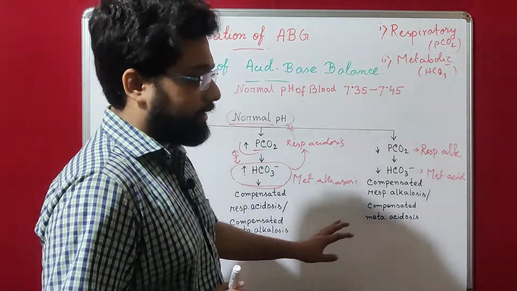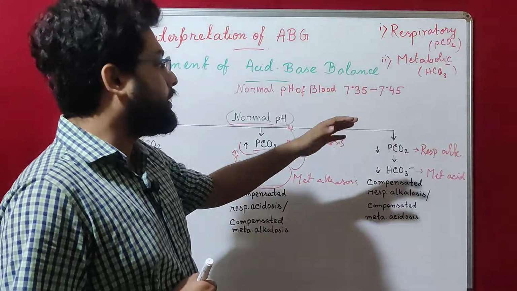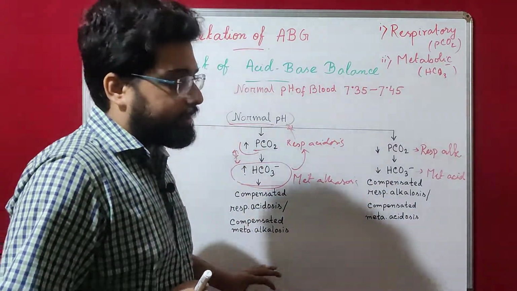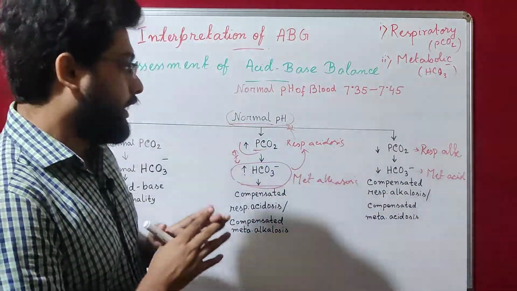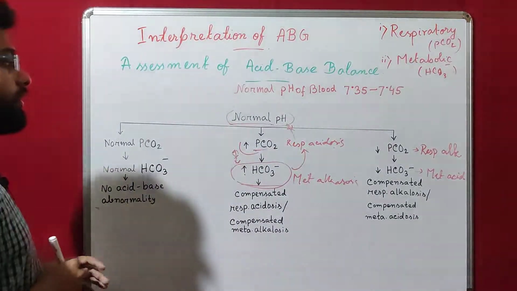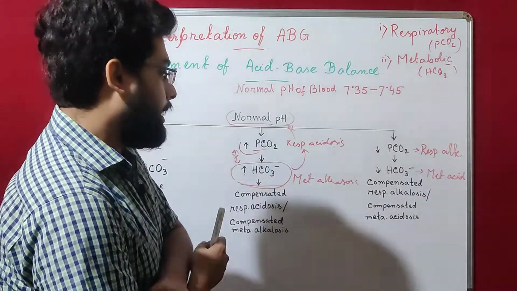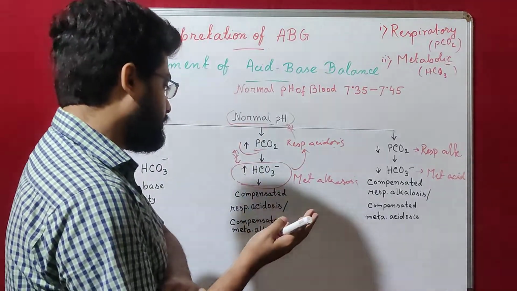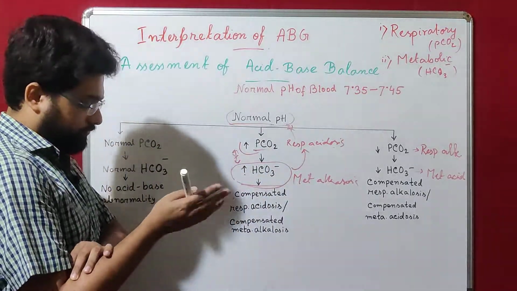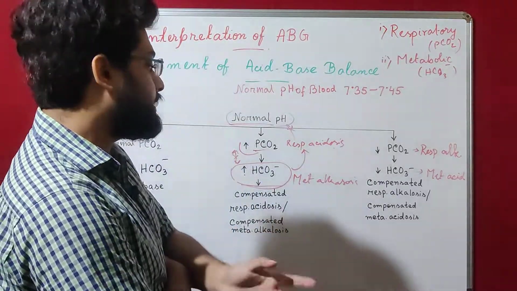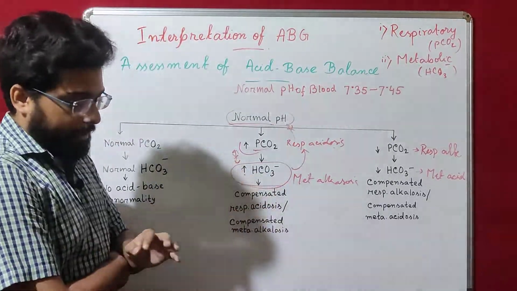Again, this compensatory mechanism to fully compensate the insult obviously takes time. It is not an acute procedure. It is not that the insult happens, that means acidosis or alkalosis, and instantly there will be some compensatory mechanism.